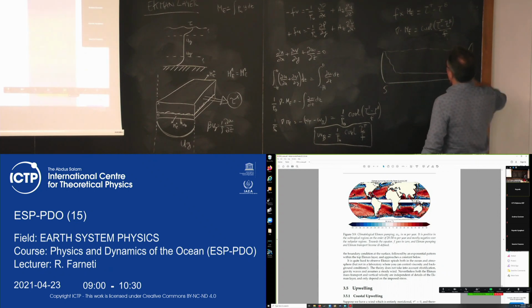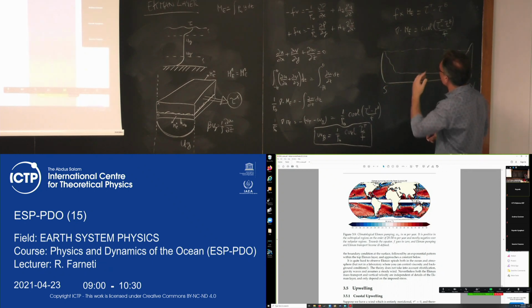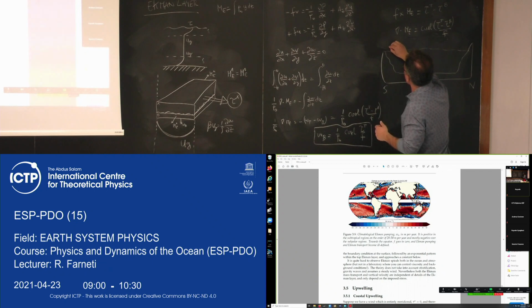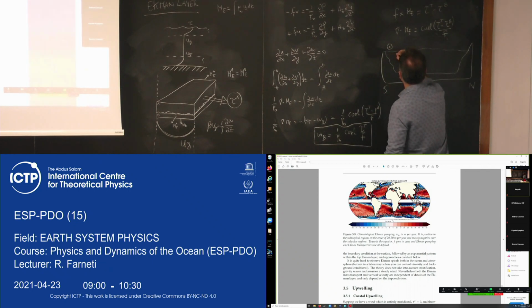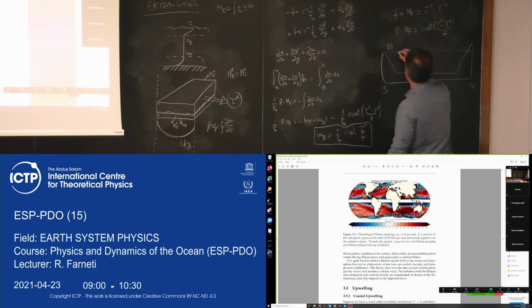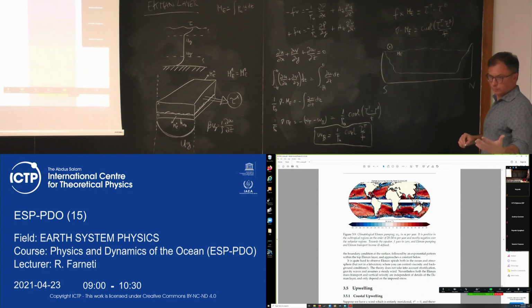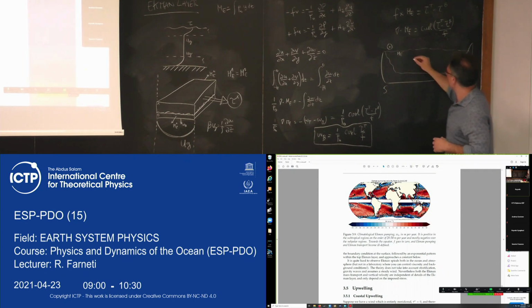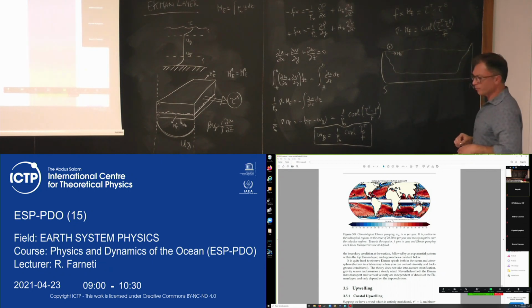this is the surface of my ocean, and I have strong wind stress blowing westward, so out of the board. So there will be an Ekman layer developing here, and there will be a total mass transport within the Ekman layer, which is directed to my right, because we are in the southern hemisphere.